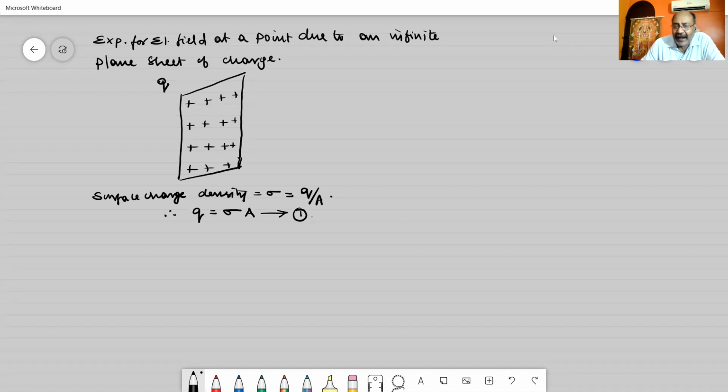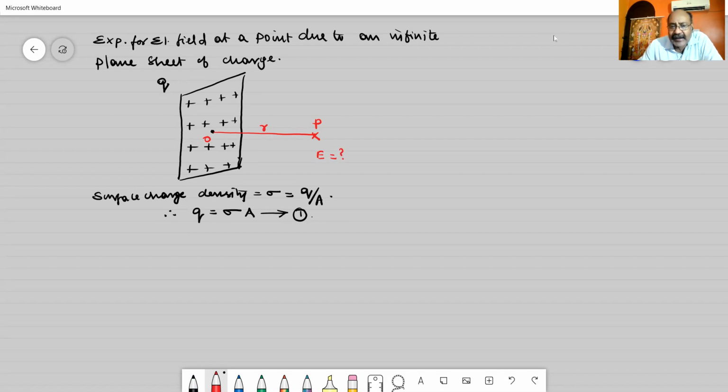Now we have to calculate the electric field from the center of the plane sheet of charge, O, at a distance R. I am considering a point P. At this point P, I have to calculate the electric field.